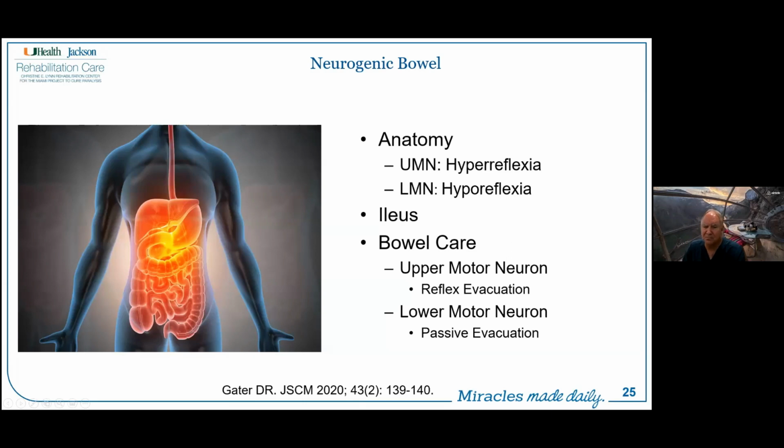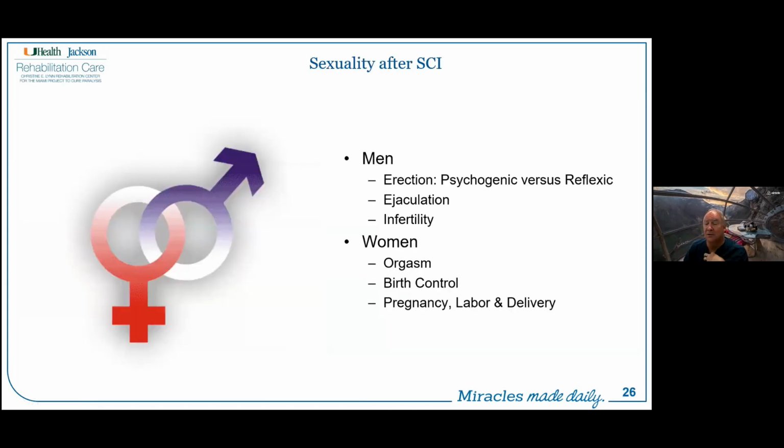And so typically the person with the lower motor neuron bowel is going to need daily bowel care, and try to have a little firmer stool so that it's less likely to slip out. Much more information on this in that 1-hour lecture on neurogenic bowel.